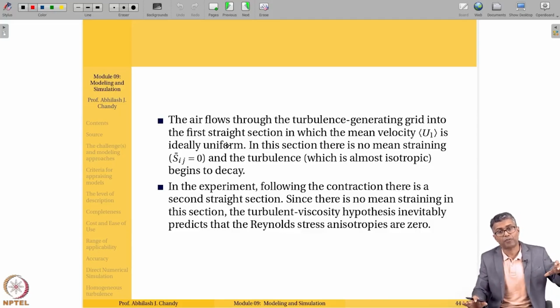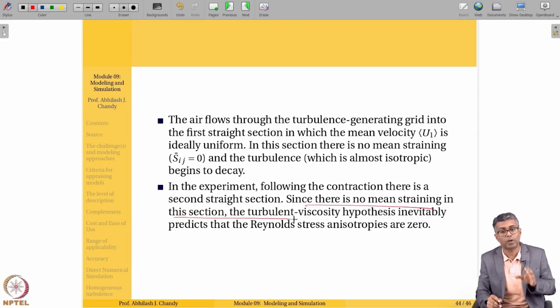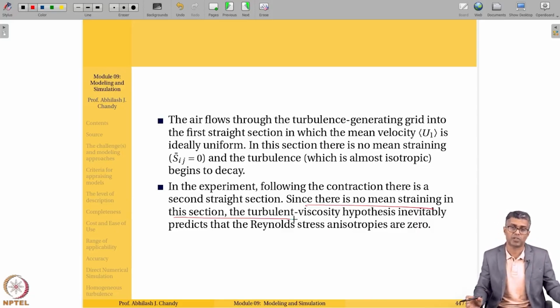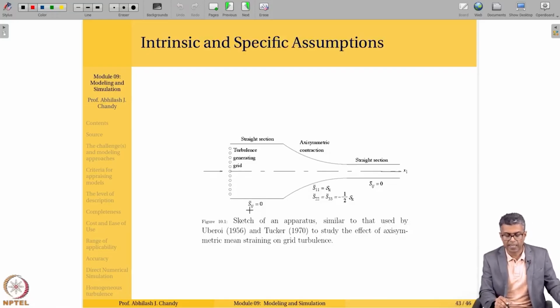In the experiment, following the contraction, there is a second straight section. Since there is no mean straining in this section, the turbulent viscosity hypothesis inevitably predicts that the Reynolds stress is 0 here. What do I mean by it? Sij mean is going to be 0 here in this straight section.